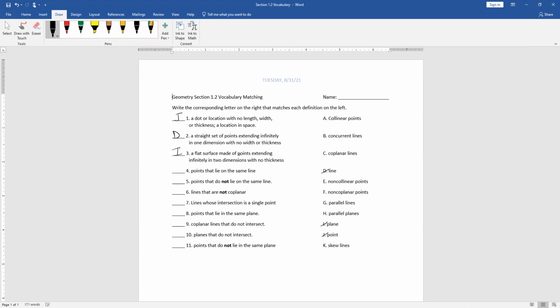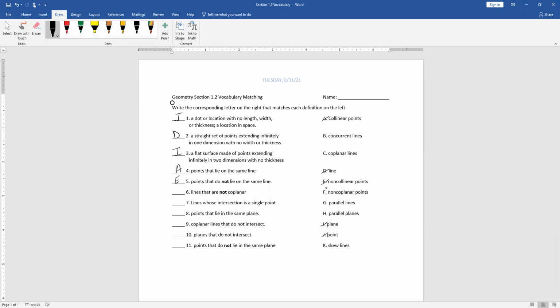All right, if we have points that lie on the same line, then we are looking at collinear points. And points that do not lie on the same line, these are non-collinear points. Easy enough, right?